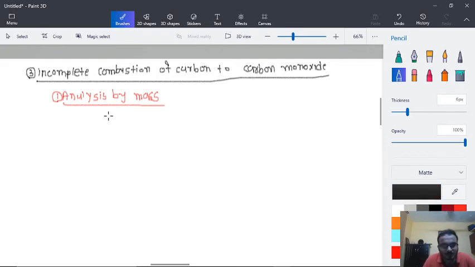So 2C plus O2 is equal to 2CO. Here the weights will be like this: 24 plus 32 is equal to 56.